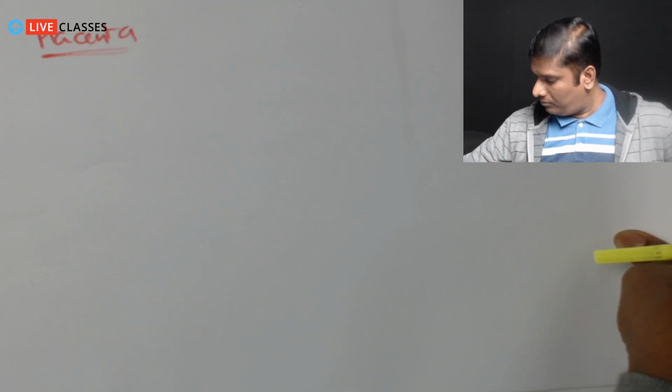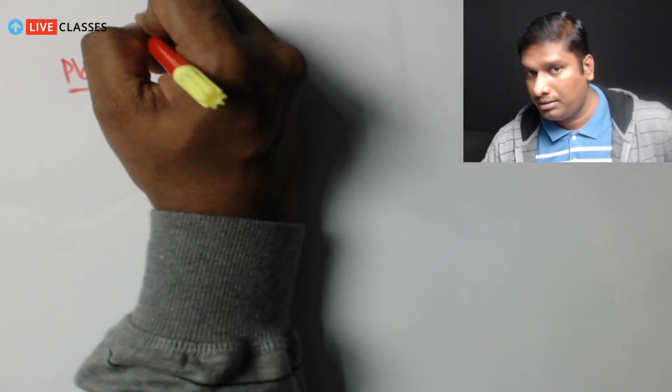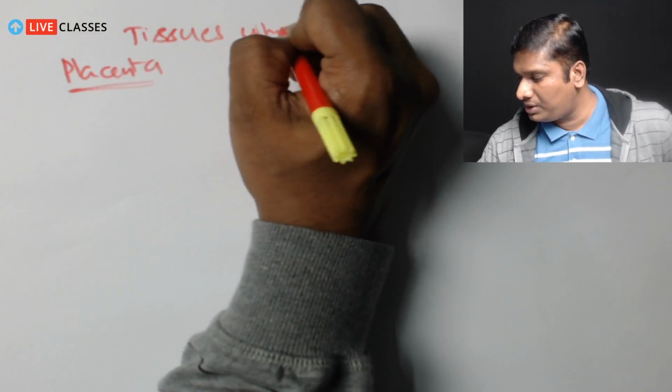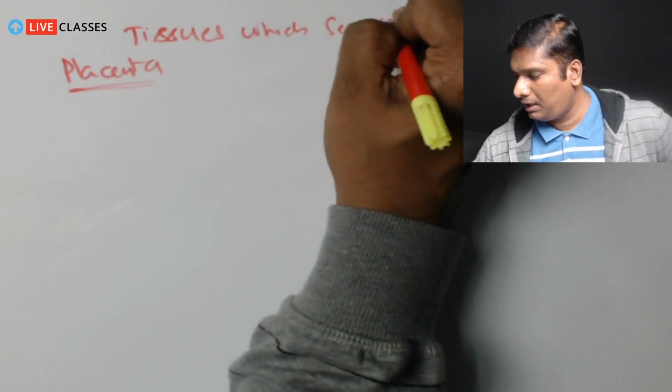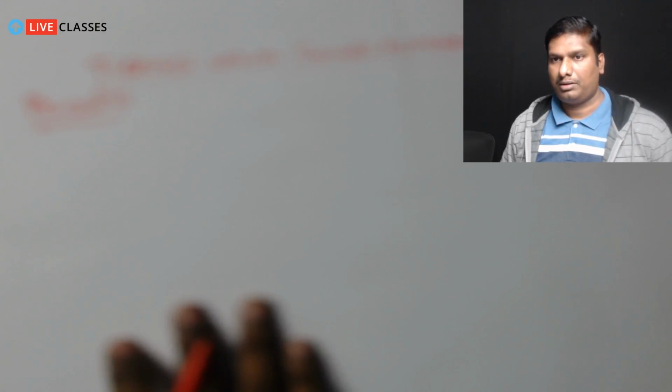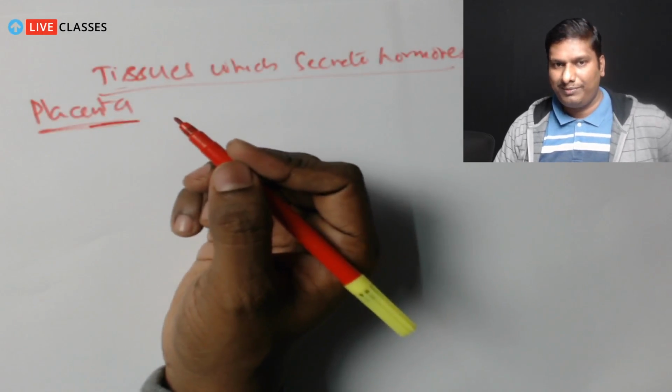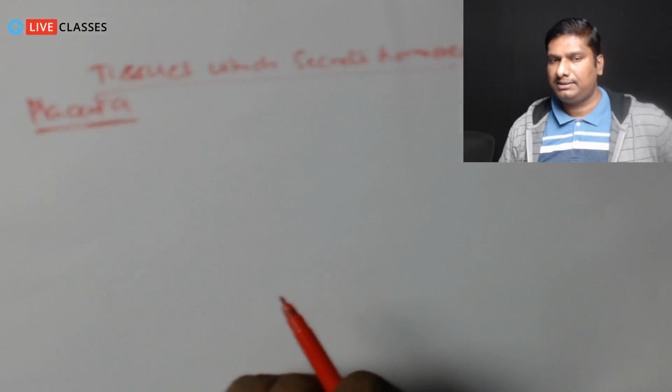So now we are discussing the tissues which secrete hormones. There are several such tissues. We'll start with the placenta and then we'll discuss the rest.